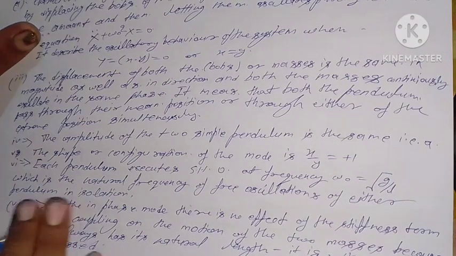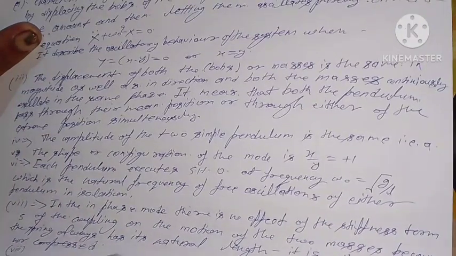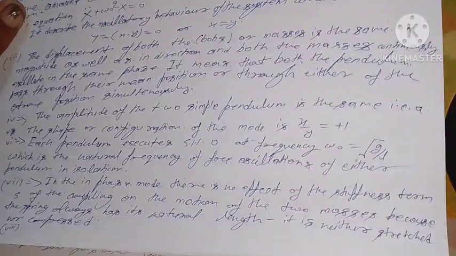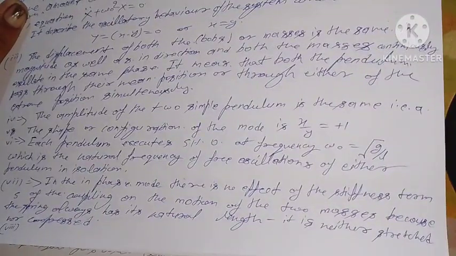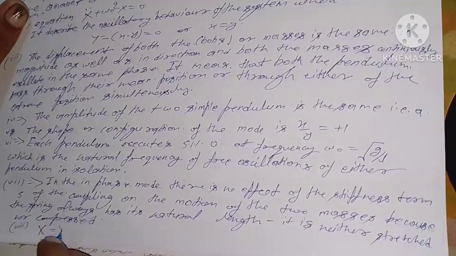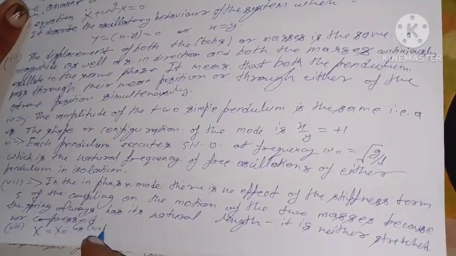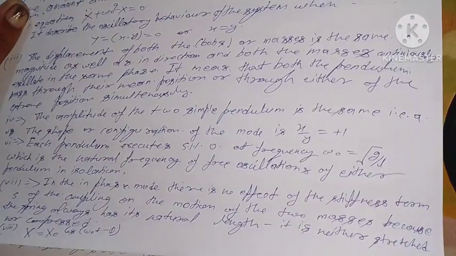Eighth point. A solution of the equation gives X equal to X naught cos of omega naught t minus phi.